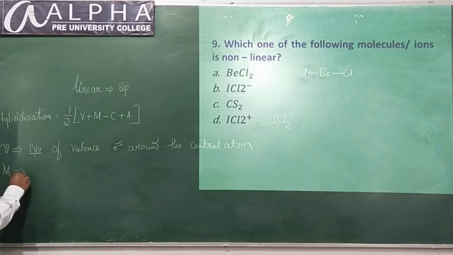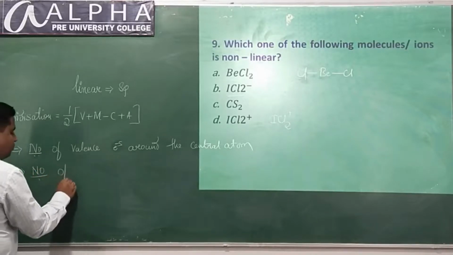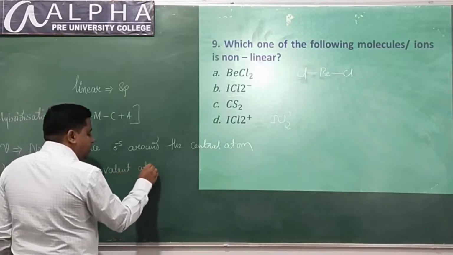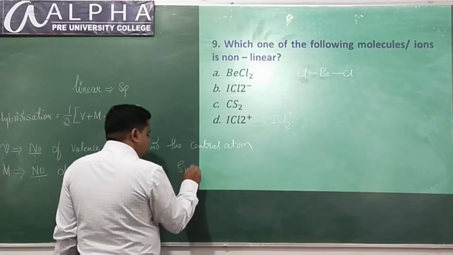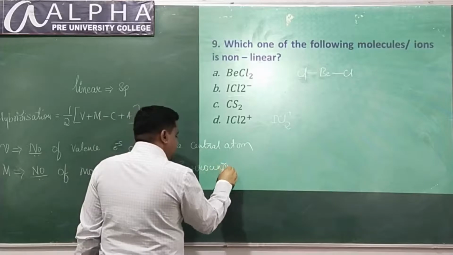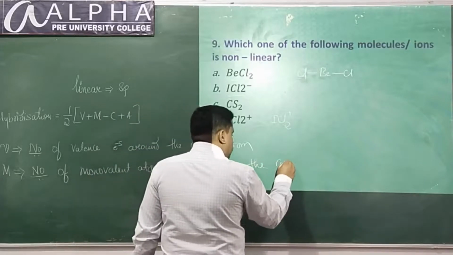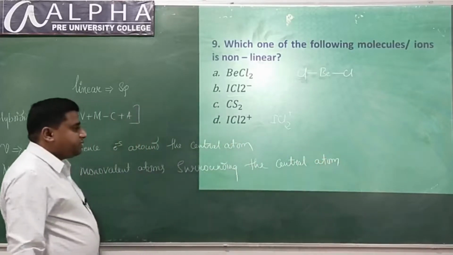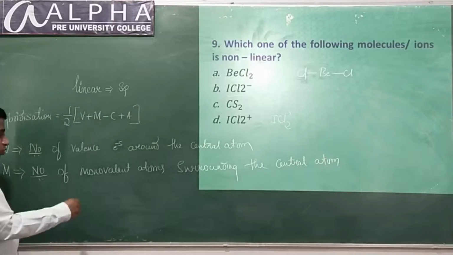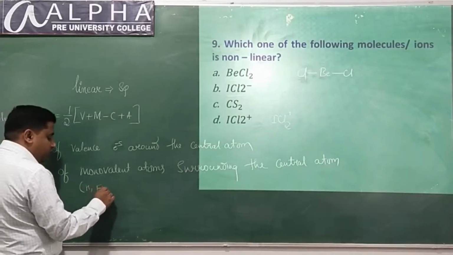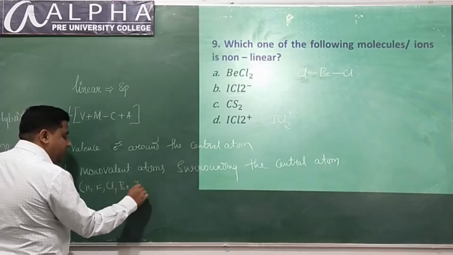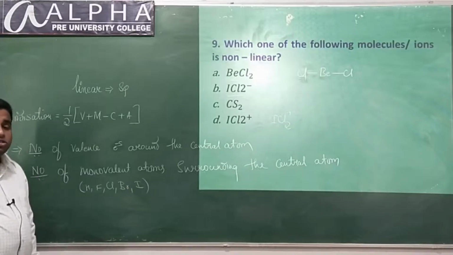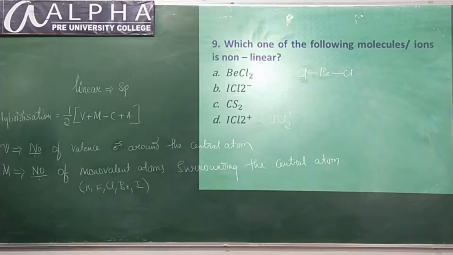M means the number of monovalent atoms surrounding the central atom. Usually monovalent species are hydrogen, fluorine, chlorine, bromine, iodine. Oxygen is divalent, sulfur is divalent, nitrogen is trivalent, carbon is tetravalent.